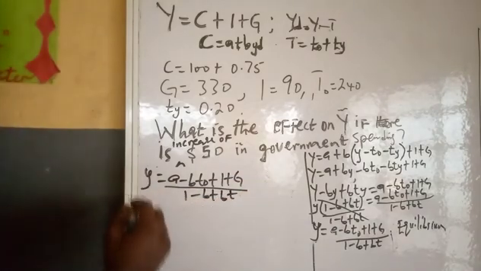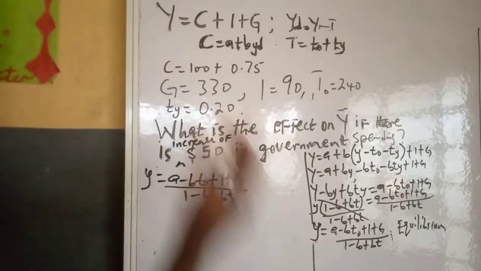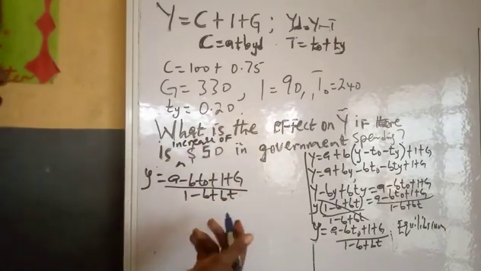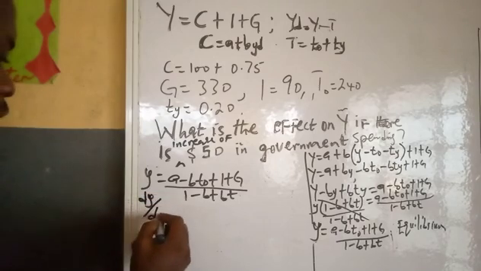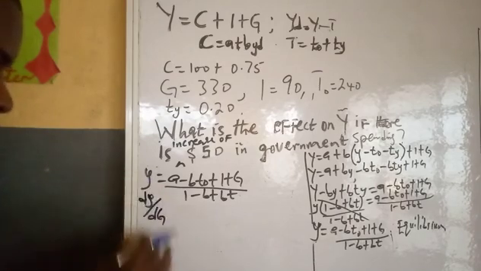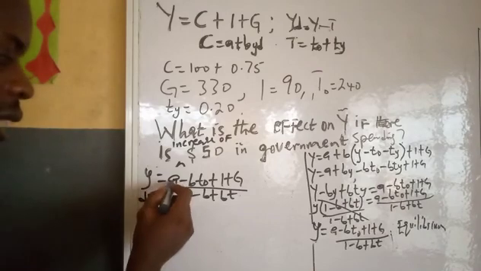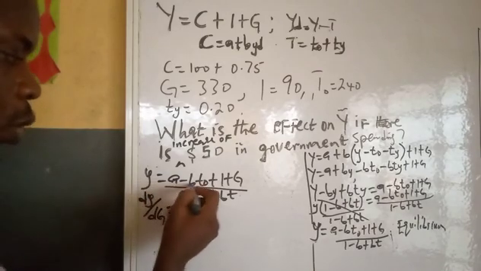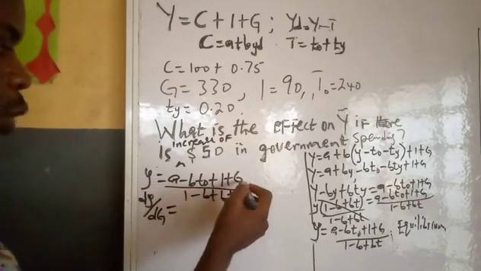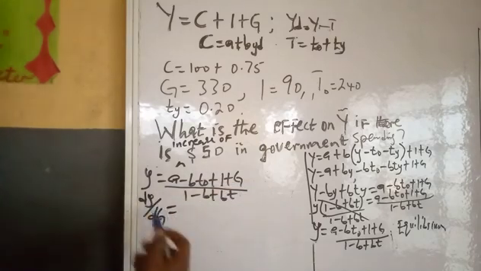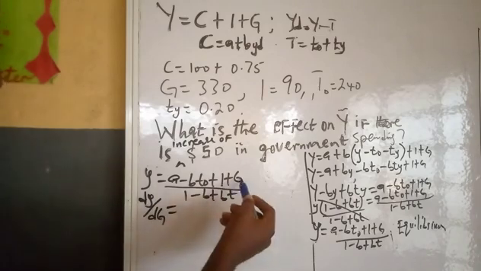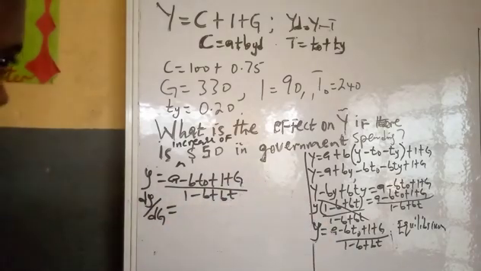Now, what do we do? We take the partial derivative with respect to G. So I'll be having change in Y with respect to change in G. That's the partial derivative. So the other terms become 0, 0, 0, 0. When we differentiate with respect to G, G becomes 1. That is differentiation, right?